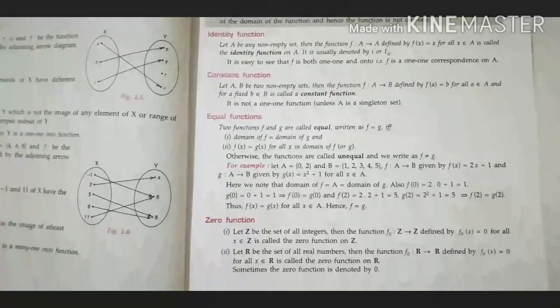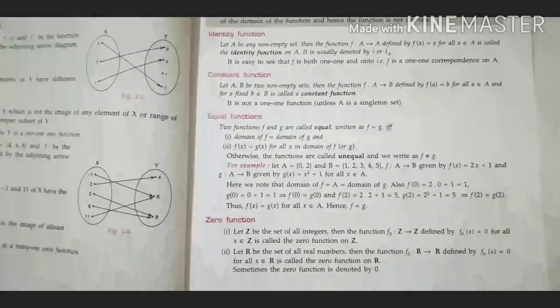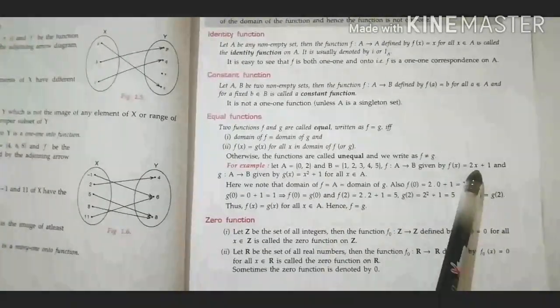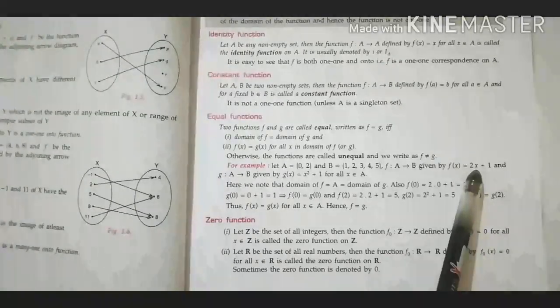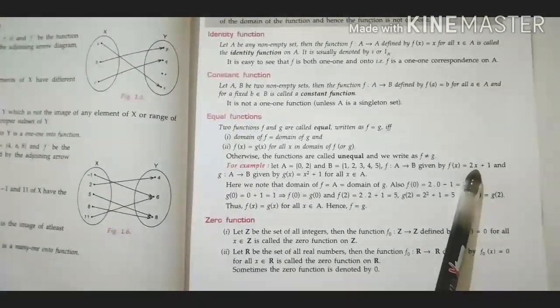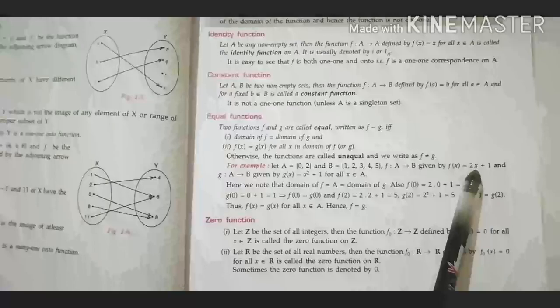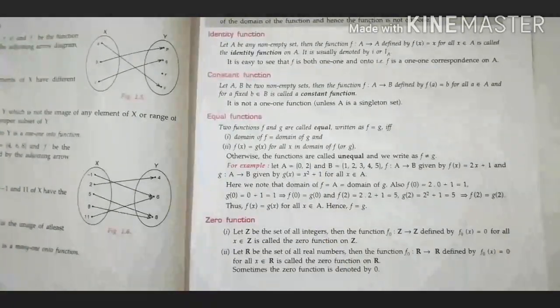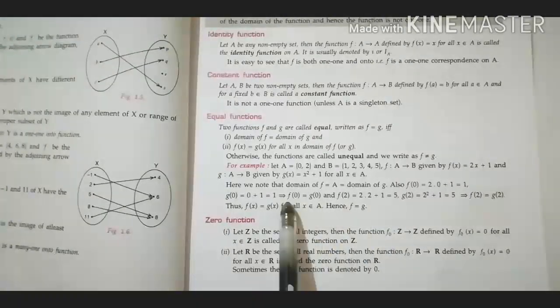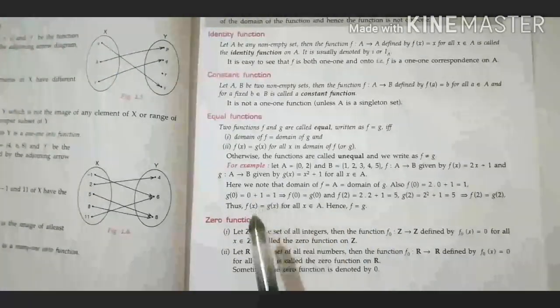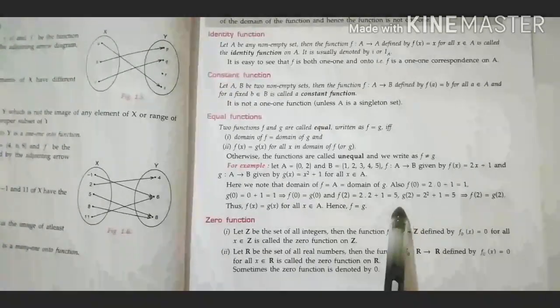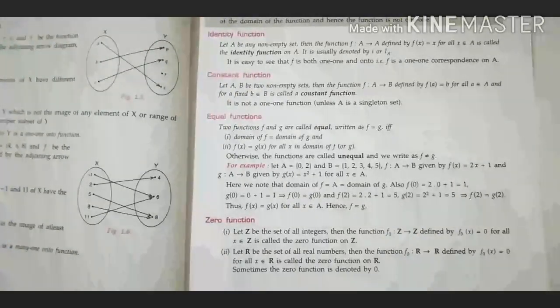So when we consider f(x), if you input 0 into that function, the output is 2 into 0 plus 1, that is 1. And if you input 2, it is 2 into 2 plus 1, that is 5. That is, here the first image is 1 and the second image is 5.